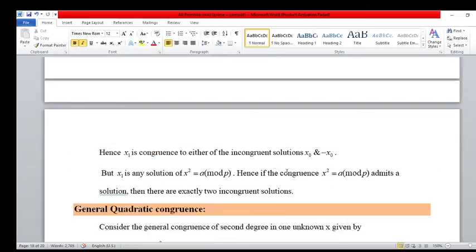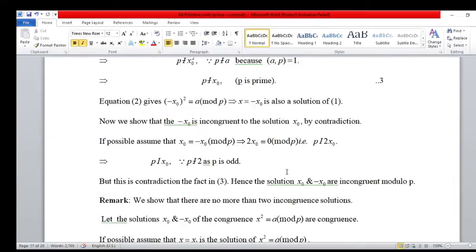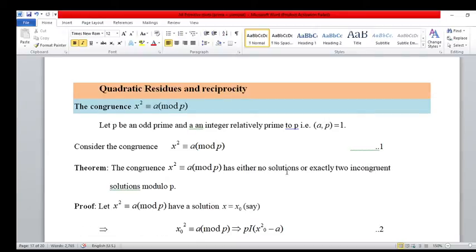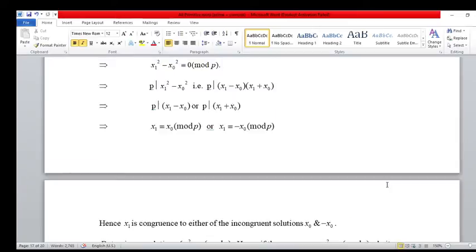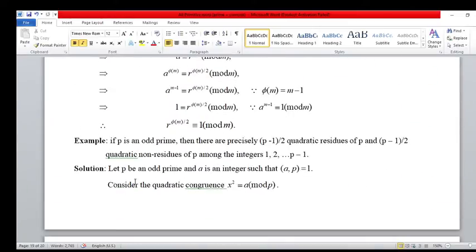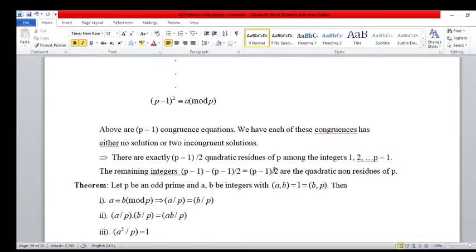We have already seen this theorem in the last lecture: the congruence equation has either no solution or exactly two incongruent solutions mod p. This theorem applies in the last example. So each of these congruences has either no solution or two incongruent solutions.